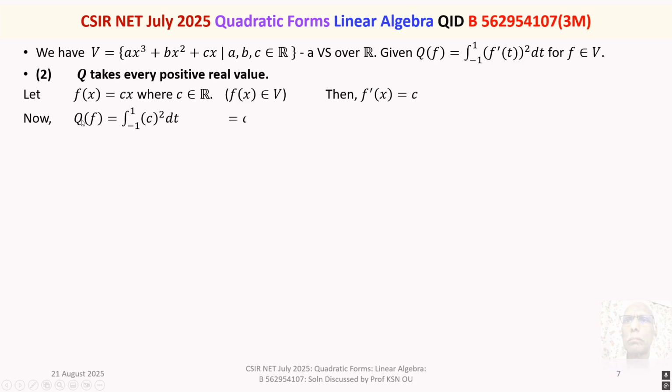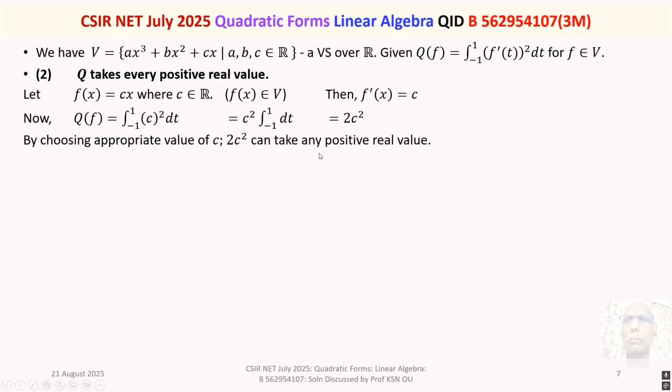Then Q of f is equal to c squared times the integral from -1 to +1 of dt, that is 2c squared. So by choosing an appropriate value of c, 2c squared can take any positive real number whatsoever.